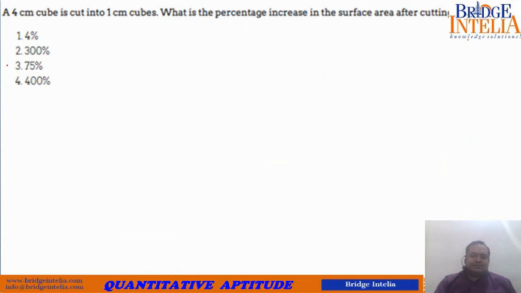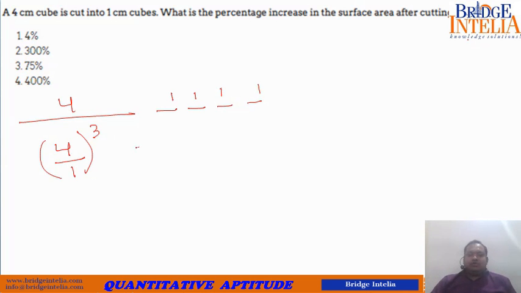Now let's move to the next one. A 4 centimeter cube is cut into 1 centimeter cubes. What is the percentage increase in the surface area after cutting? So the 4 centimeter cube is melted into smaller cubes of 1 by 1 by 1 each. How many smaller cubes will be formed? 4 by 1 whole cube, so 64 smaller cubes are going to get formed.